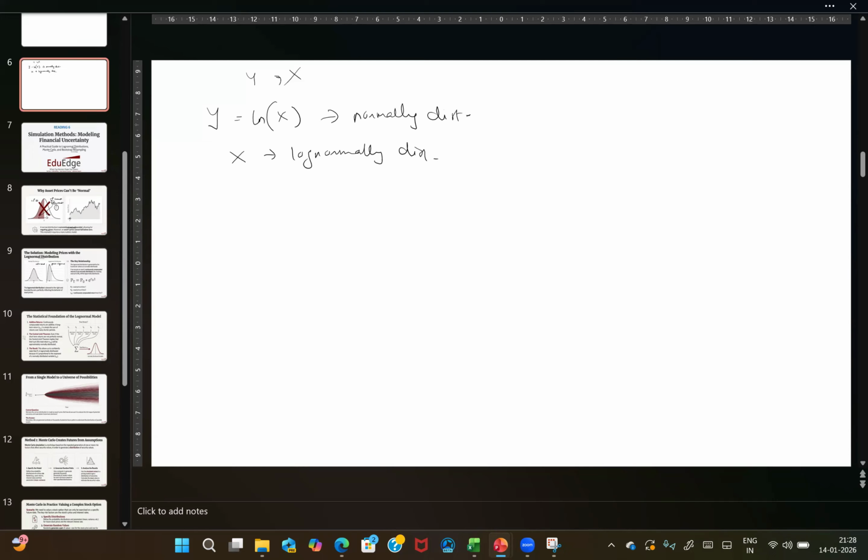Which is why when we talk about returns, which are normally distributed, now returns we know can be characterized in two formats. One is arithmetic return, the other is compounded returns or log returns. Arithmetic returns look like this: P1 minus P0 divided by P0. And log returns look like this: ln of P1 by P0. So this is a one period return, arithmetic and log returns.